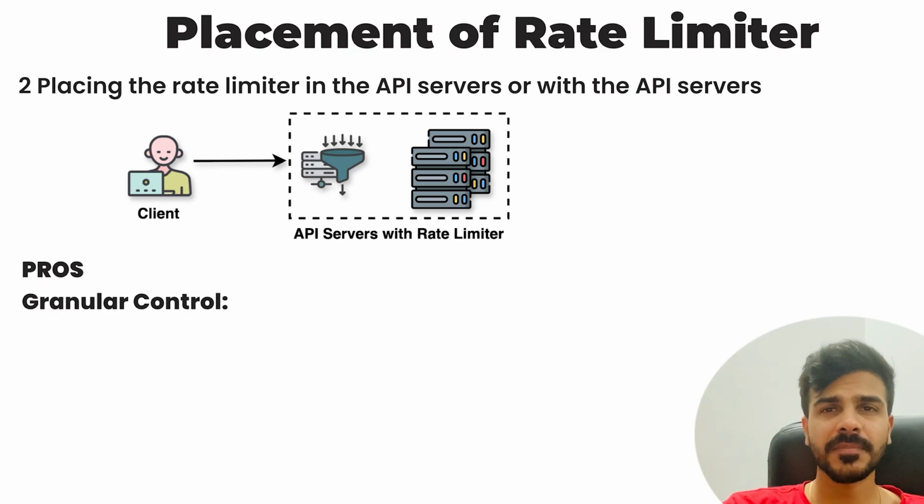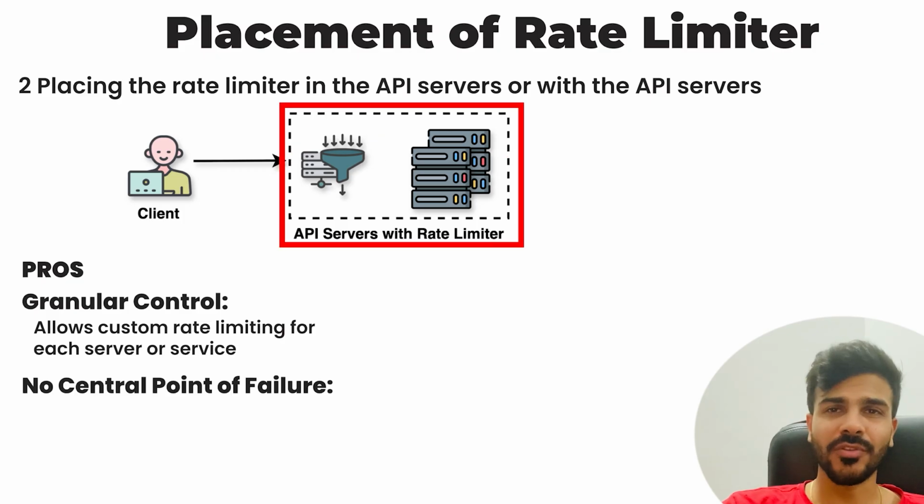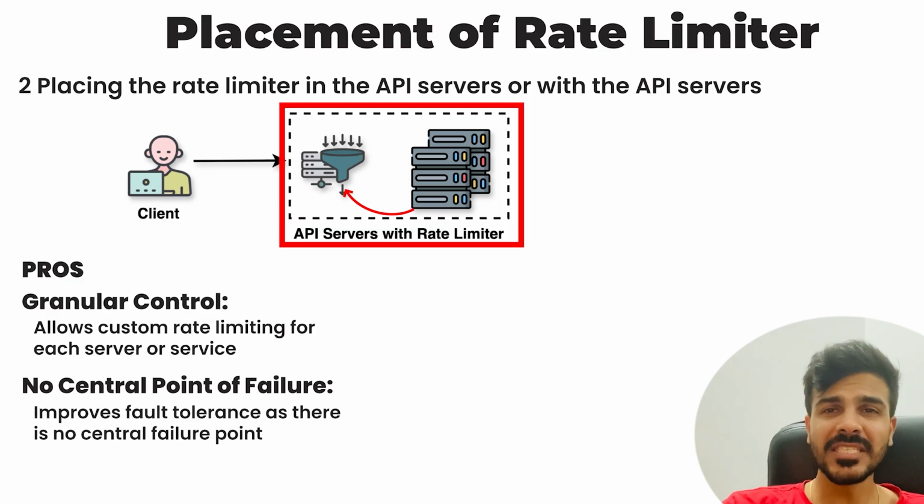Why is that the case? This is because each server or service can have its own custom rate limiting. This would allow for more specific configurations based on different servers or services, giving more granular control. Second, there is no central point of failure here. Since each server handles its own rate limiting, there is no single point where the entire system could collapse.